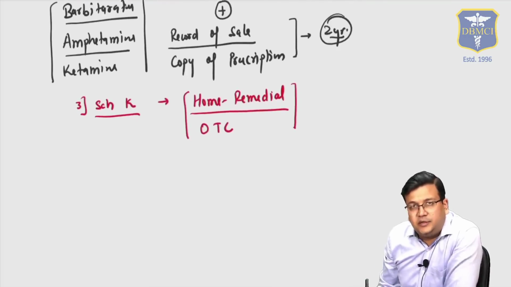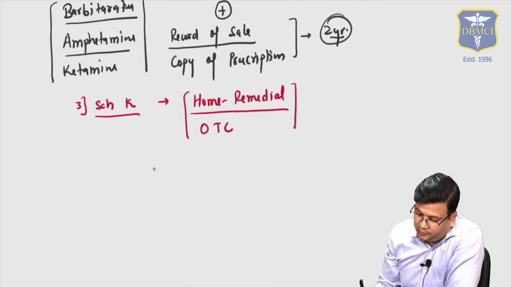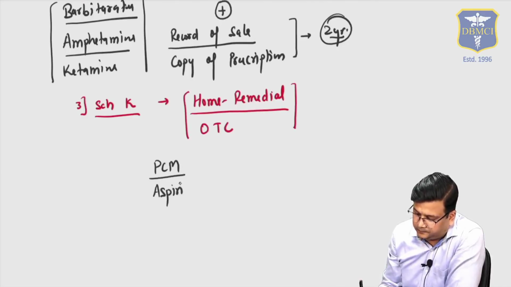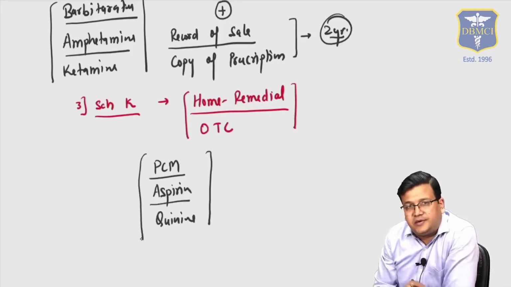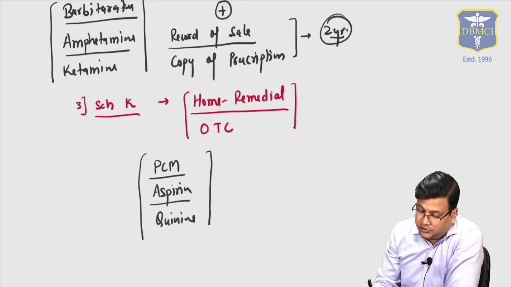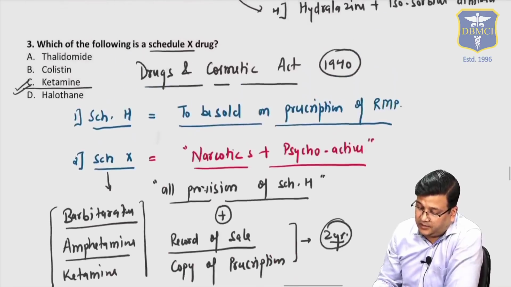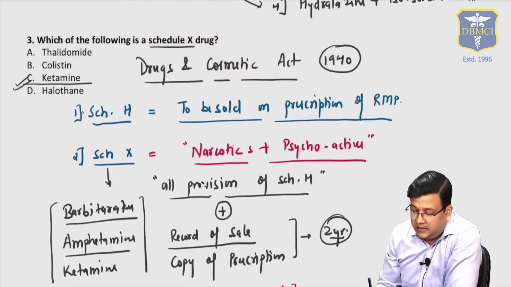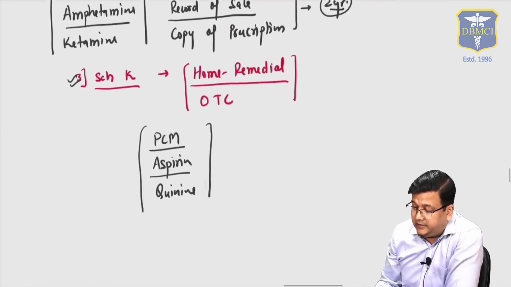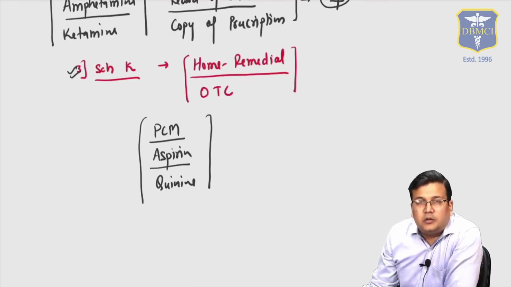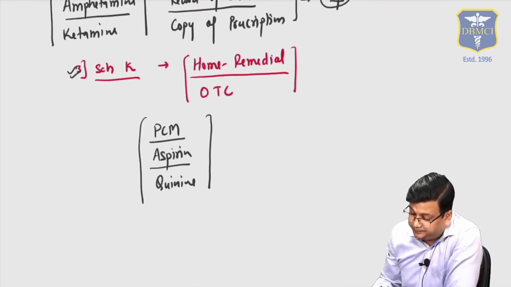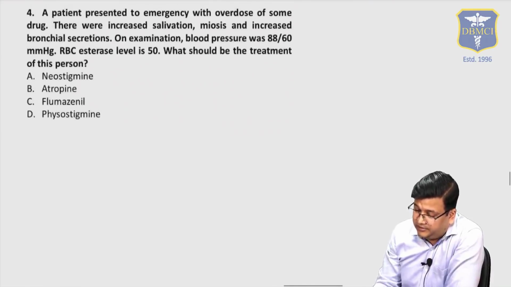They are covered in Schedule K. Schedule K includes drugs like paracetamol, drugs like aspirin, and even quinine, which has been traditionally used for treatment of malaria over many generations, is also part of Schedule K. So Schedule H was asked, I think, 2 years back. Schedule X has been asked, so maybe in the coming exams they ask something more. So Schedule K is an important thing to remember, over the counter home remedial measures. Moving on to the next question.